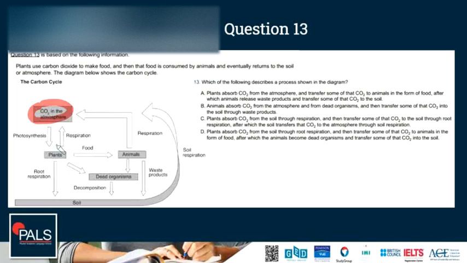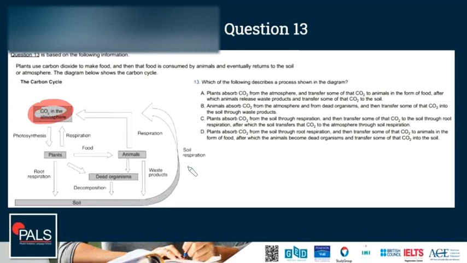The food produced by photosynthesis can as well get into animals that eat plants, or carbon dioxide can get into the soil by roots respiring. Plants eventually die without being eaten, so they become dead organisms which get decomposed and become dead organic matter.